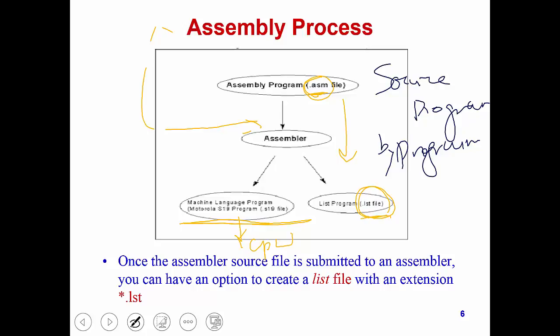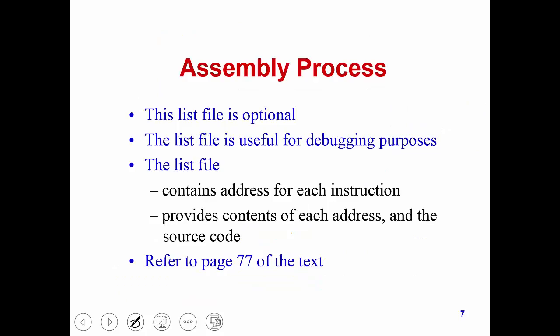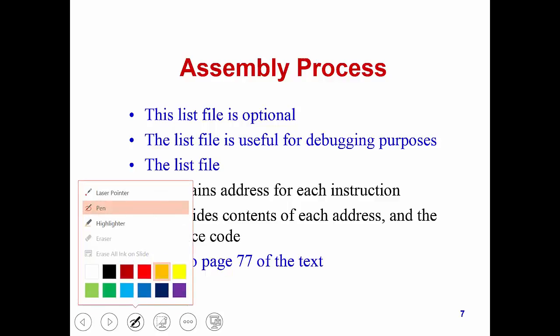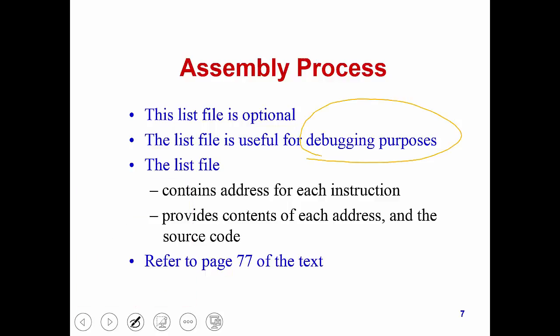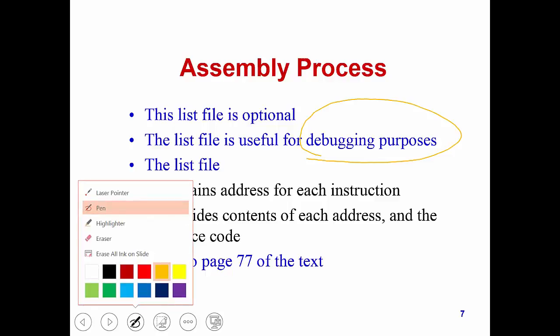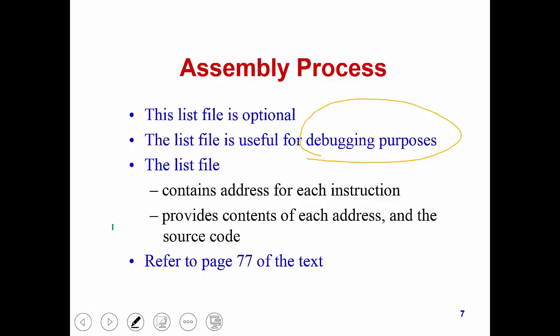So here is the assembly process. As I said, the list file is optional. It's mainly used for debugging. Then what information is contained inside the list file?